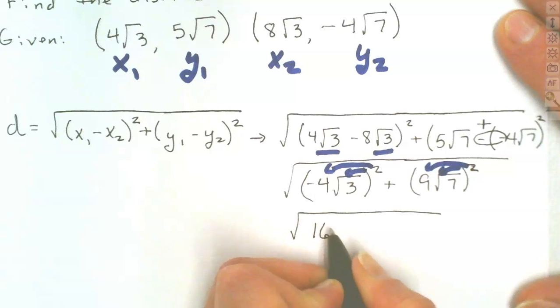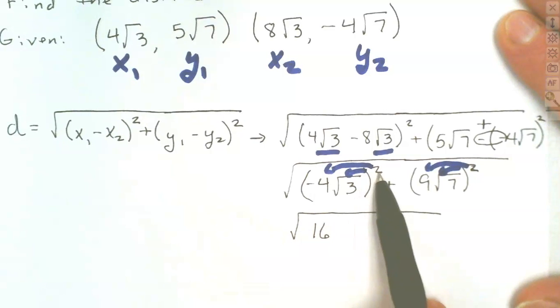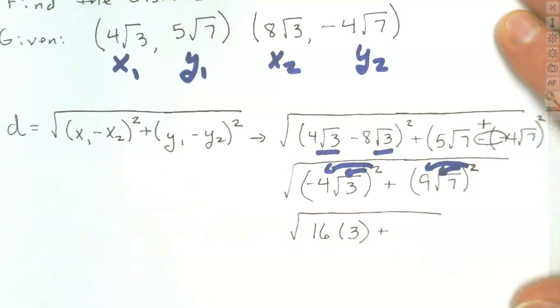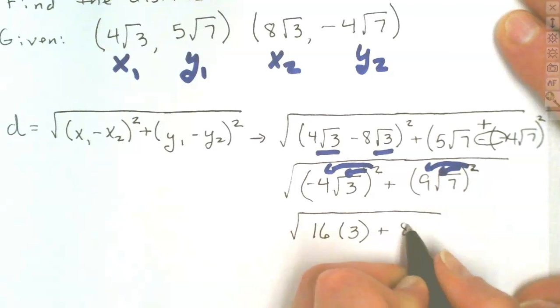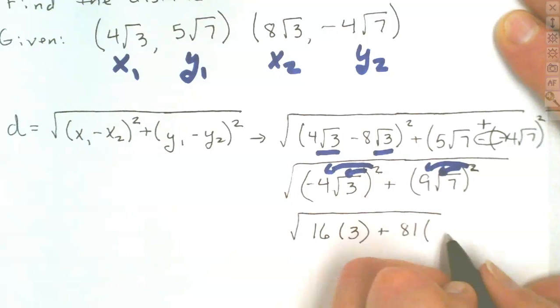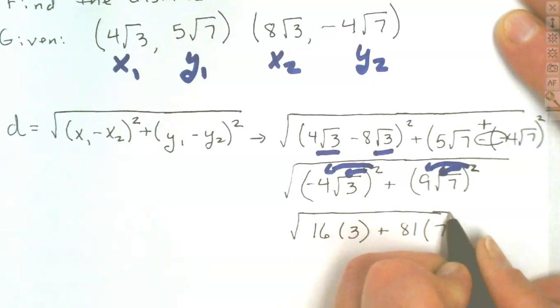So that's going to be 16. And the square of the square root of 3, well, that square root goes away, and that leaves you with a 3. Next, we have 9 squared, that's 81. And the square root of 7 squared is 7.